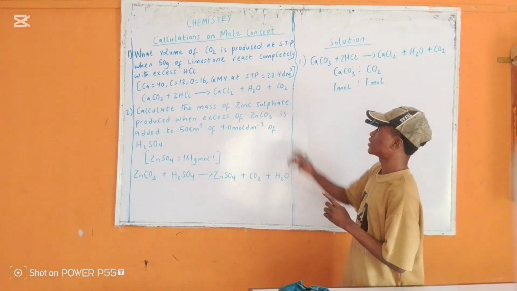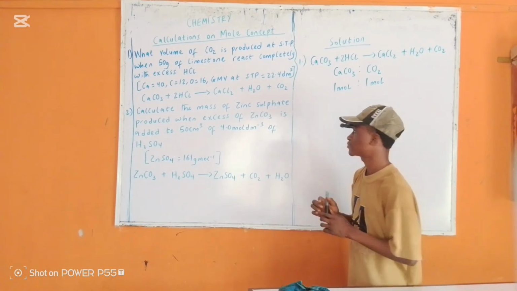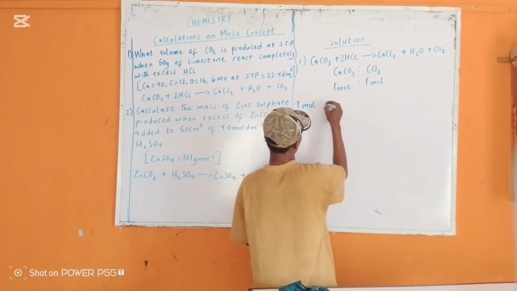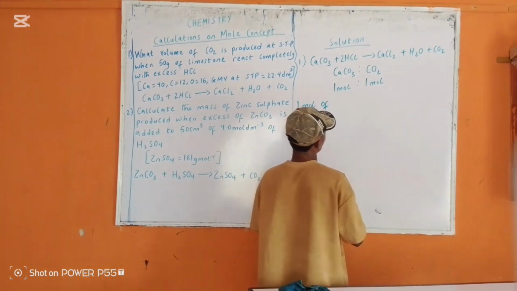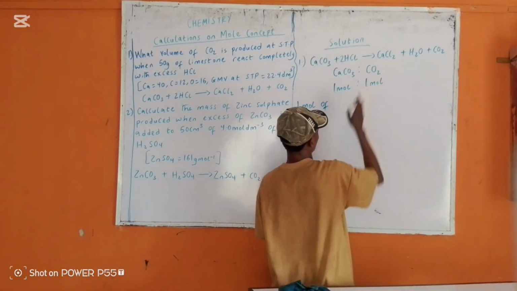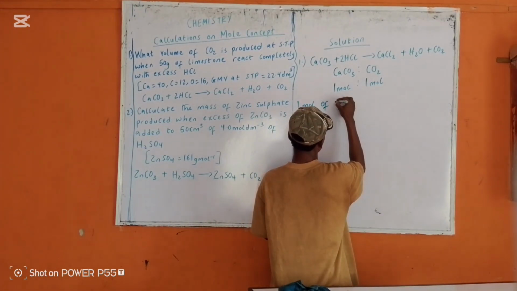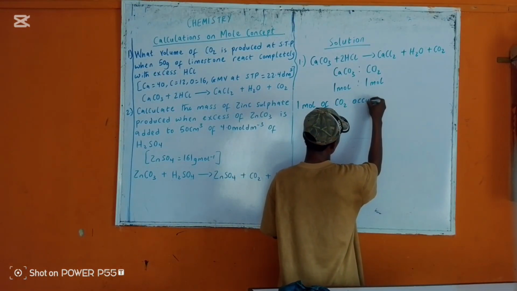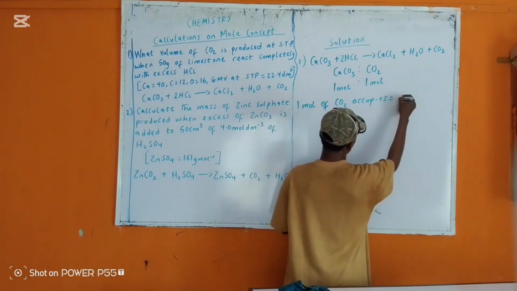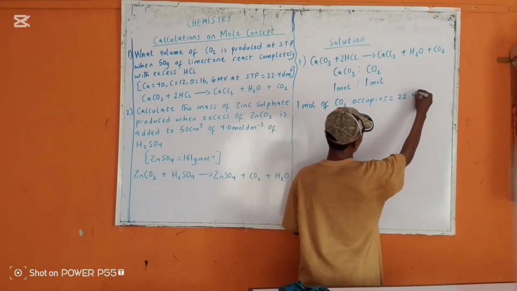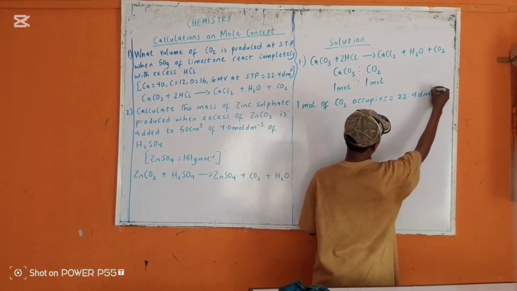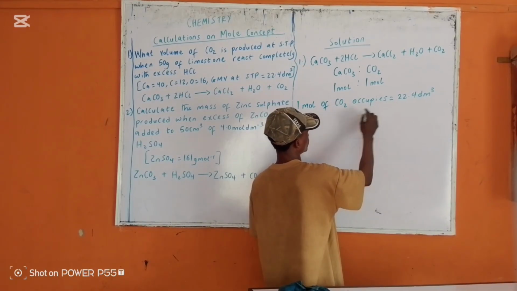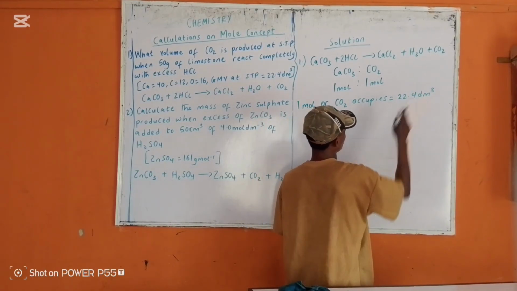So we're having STP on the board. Now, 1 mole of CO2, but CO2 here is a gas. 1 mole of CO2 occupies 22.4 dm cube. 1 mole of CO2 occupies 22.4 dm cube.